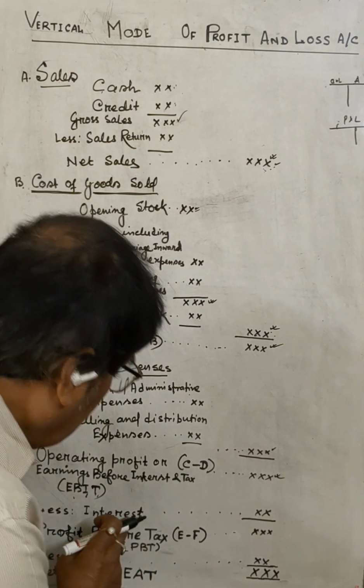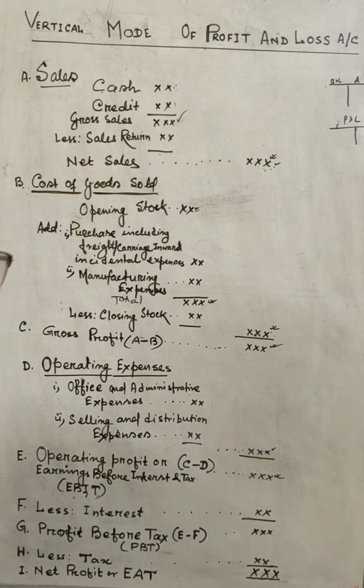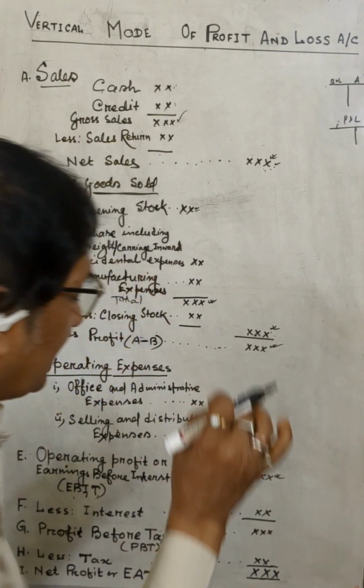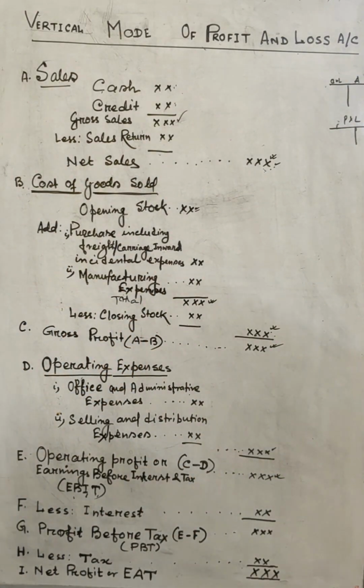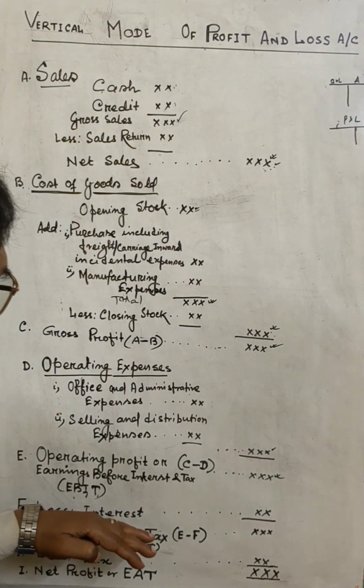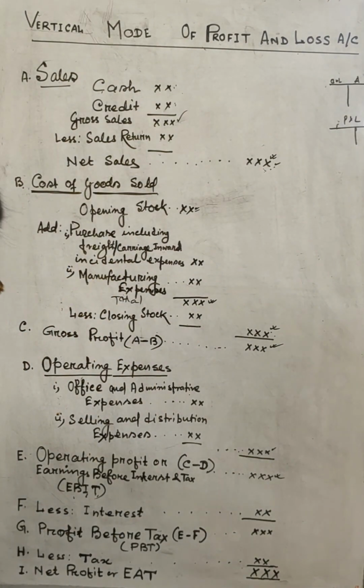That's why it is segregated. If a company owner is very rich, then he is not required to take a loan, so his interest is low. But operational efficiency will be reflected from this part. If you club that part, then it cannot be identified. That's why the interest portion is segregated.